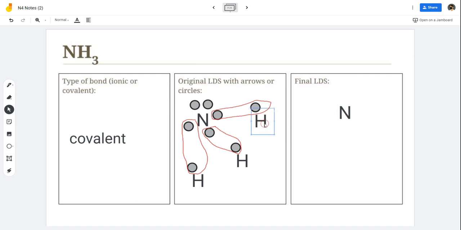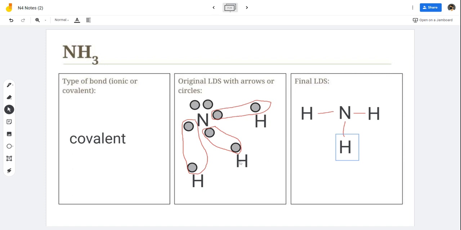And so I'm going to put that in the middle. And then I'm going to make a red line to one H. Make a red line to another H. And then since we have to connect it to the nitrogen, this last H, I'm going to make a line downward to connect to that last H.